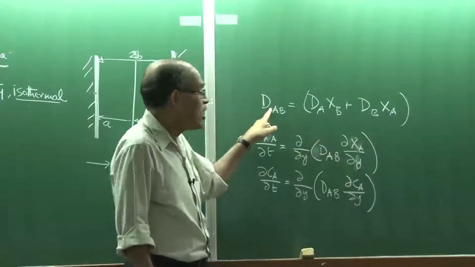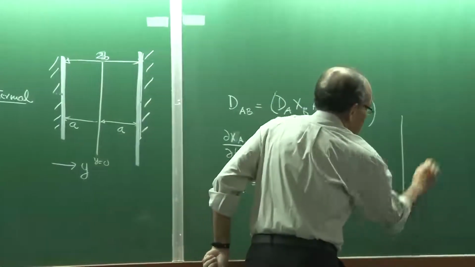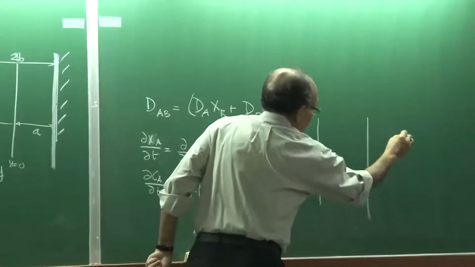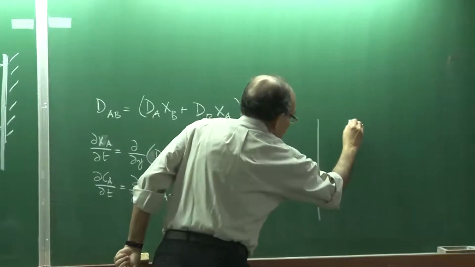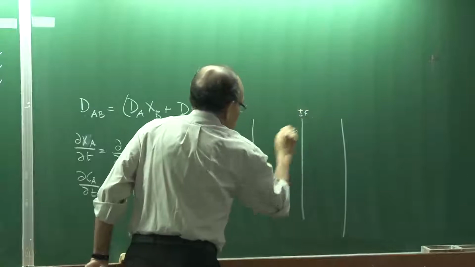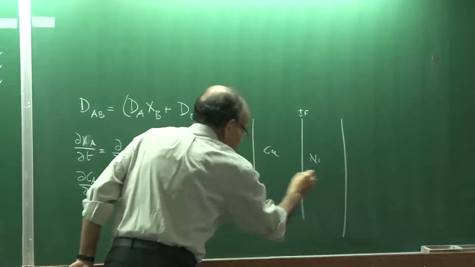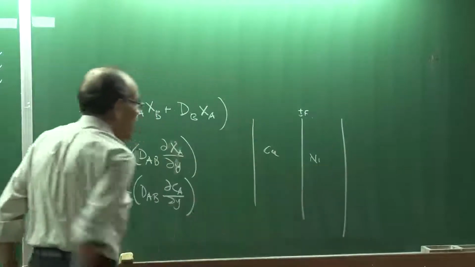So, if I have to deal with, for example, copper, and this is the interface, this is copper, and this is nickel, there is going to be a gradient as diffusion starts, a difference in concentration.